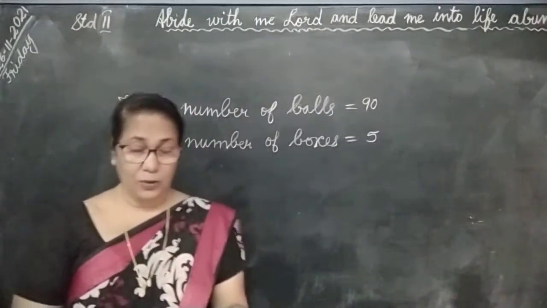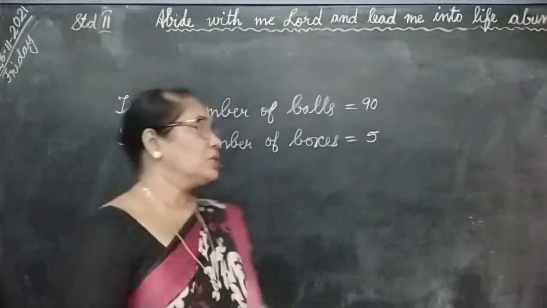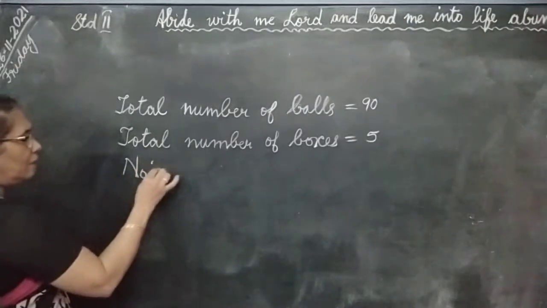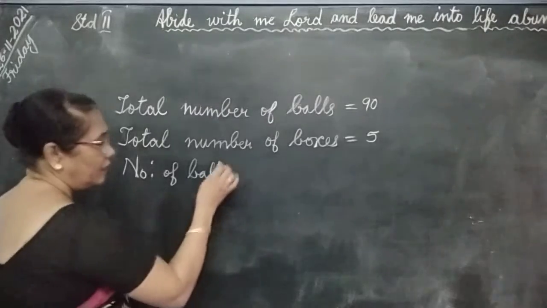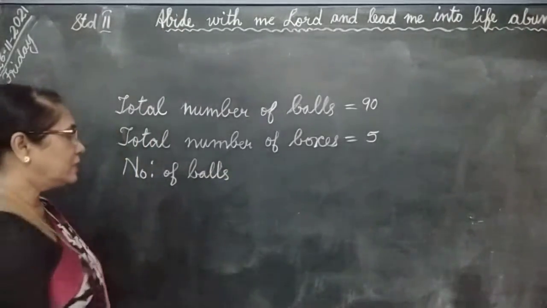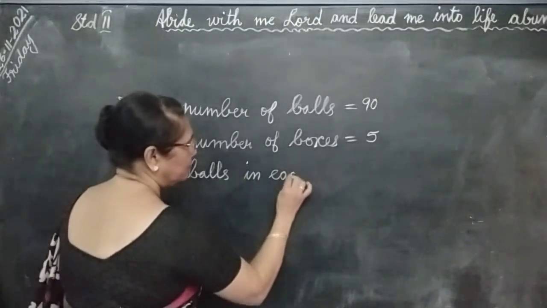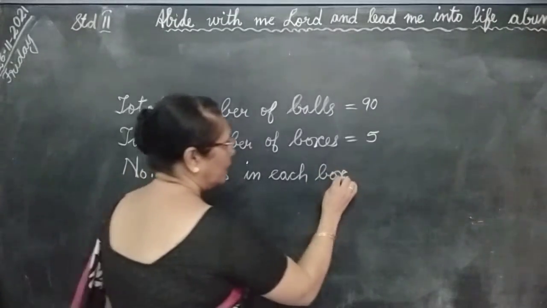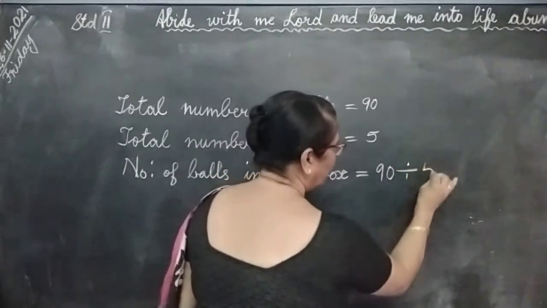Now we have to find out how many balls are there in each box. So write down number, write only N and O. Number of balls in each box equals 90 divided by 5.